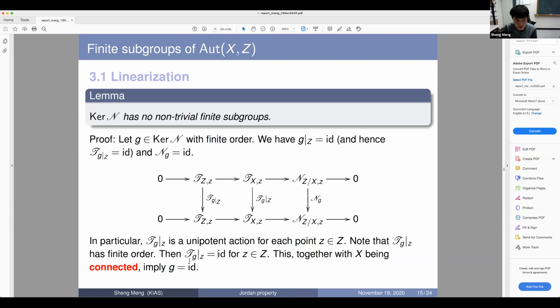You can consider the pullback action, the induced action on the stalk of this point, and then you can look at the infinite dimensional representation, something like that. You can also apply Cartan's result on local representation of a finite group with a fixed point.